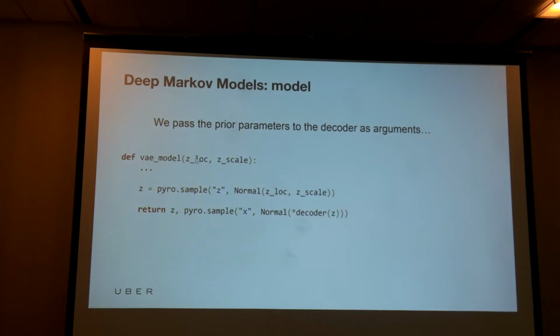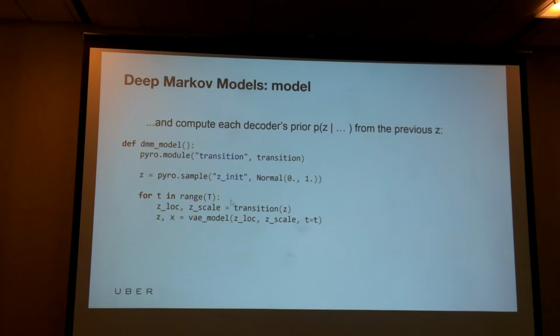So we could pass some parameters as arguments to that VAE model, the decoder network, instead of having a 0 and 1 here, and then proceed as before, this time with a normal distribution as a likelihood for our observations.